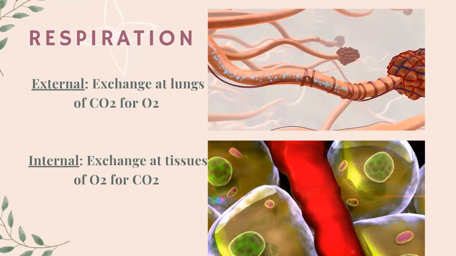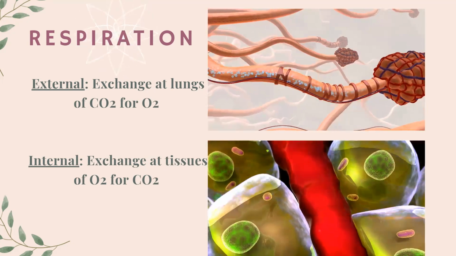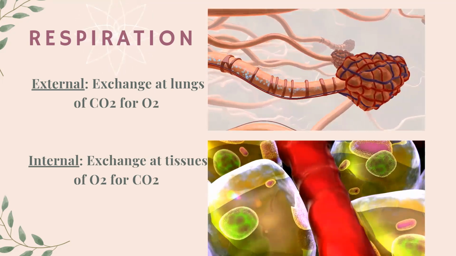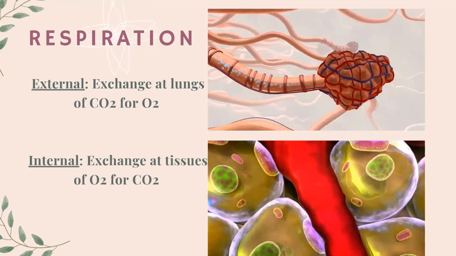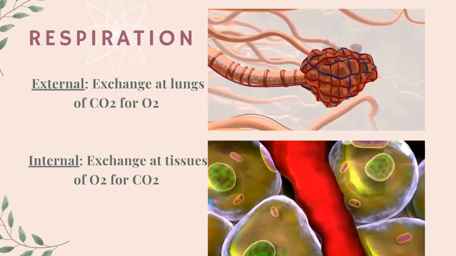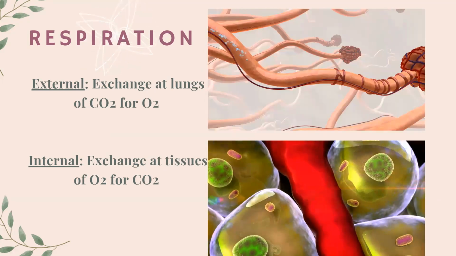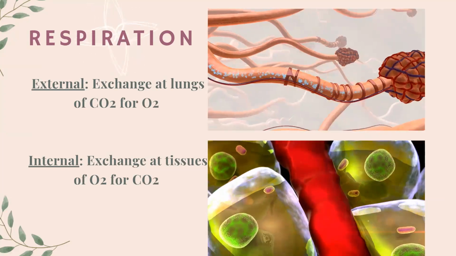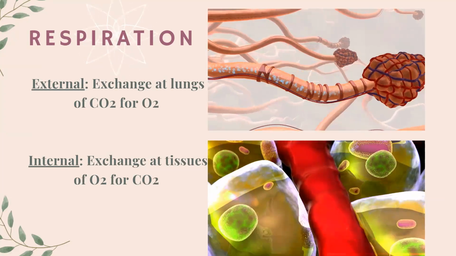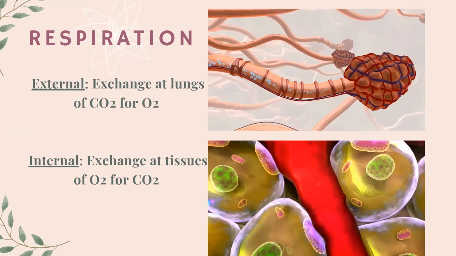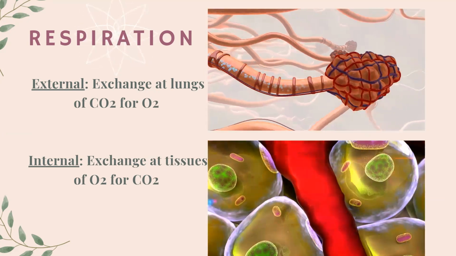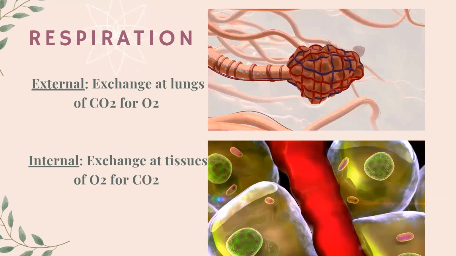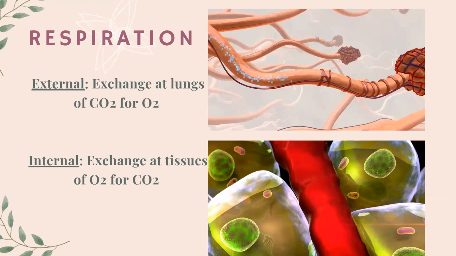So our external respiration is happening in the lungs and really in the alveoli. You can remember that it's external because we are getting oxygen in and pushing carbon dioxide out to the external environment. We're getting our oxygen in from the environment, and we're putting our CO2, or carbon dioxide, out into the environment.